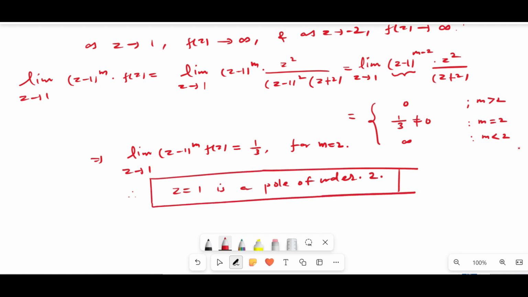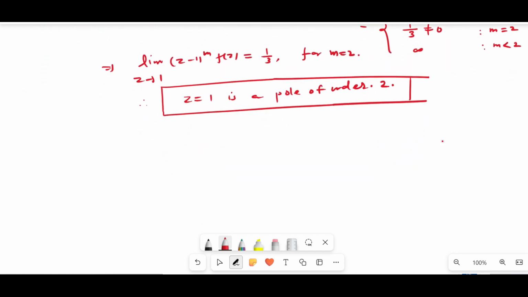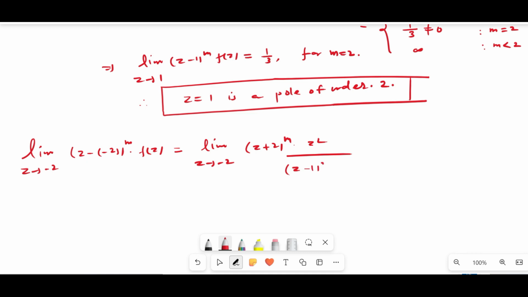Similarly, we need to check the order of the pole at minus 2, that is the limit z tending to minus 2, (z plus 2) to the whole power m times f of z, that is the limit z tending to minus 2, (z plus 2) to the power m times z squared over (z minus 1) whole squared times (z plus 2), that is the limit z tending to minus 2, (z plus 2) to the power m minus 1 times z squared over (z minus 1) whole squared.